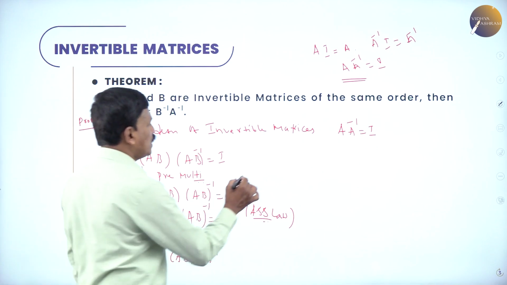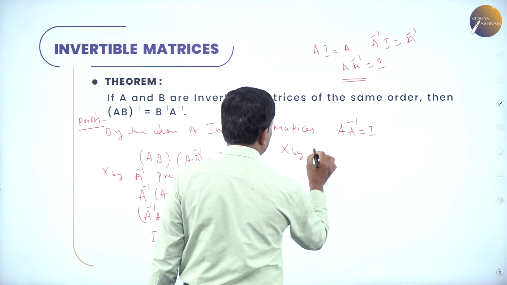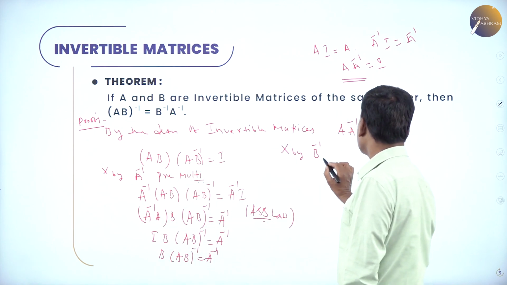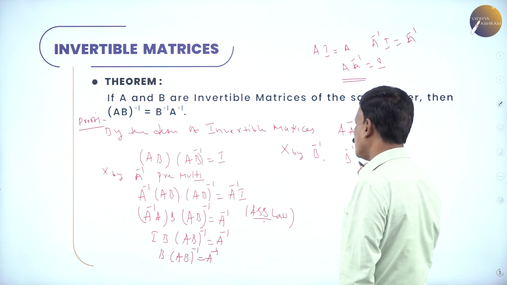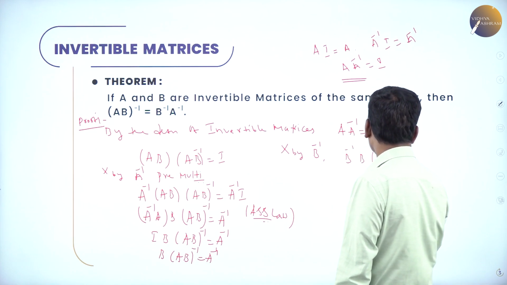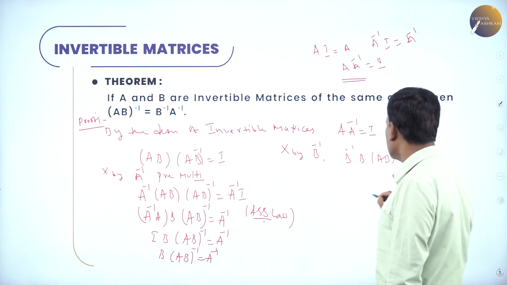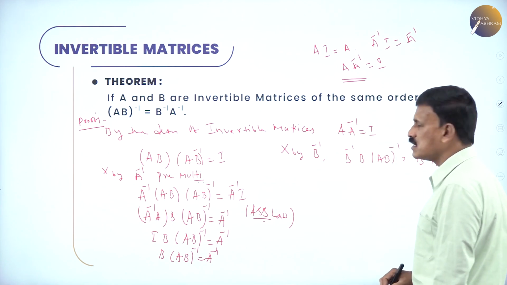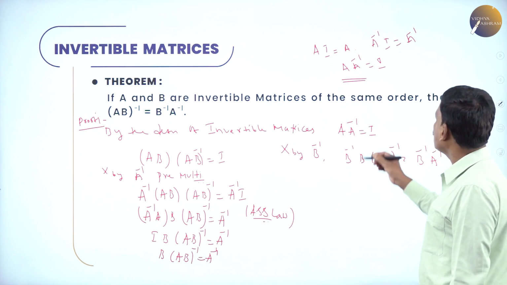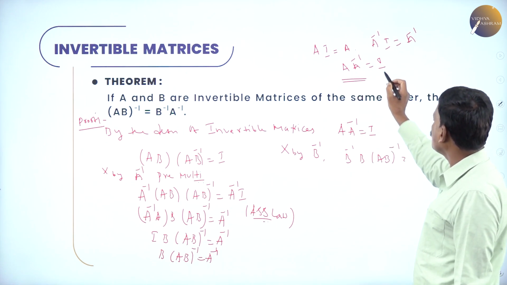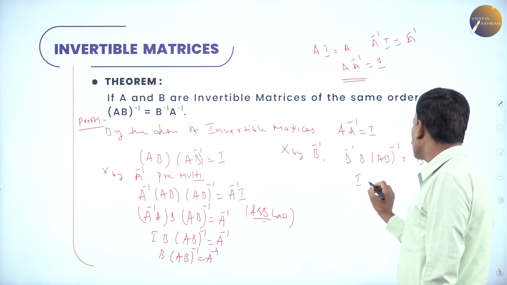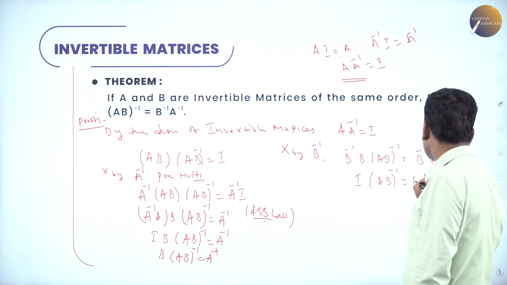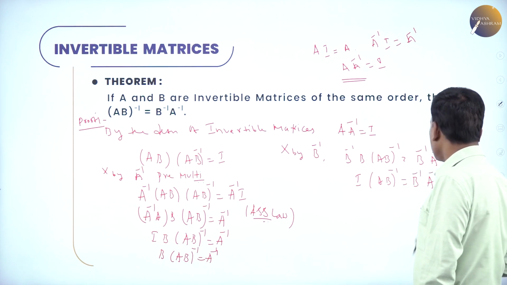Now, again multiply by B inverse, pre-multiplication. Then B inverse into B into (AB) whole inverse is equal to B inverse into A inverse. Again, using the invertible property, B inverse B is equal to I, so I into (AB) whole inverse is equal to B inverse into A inverse.